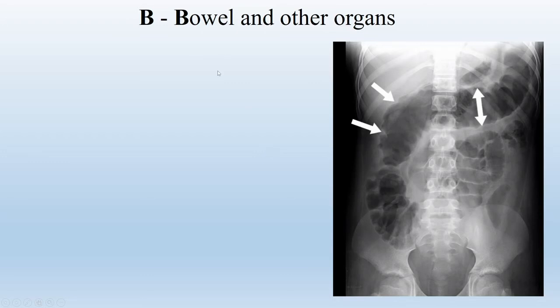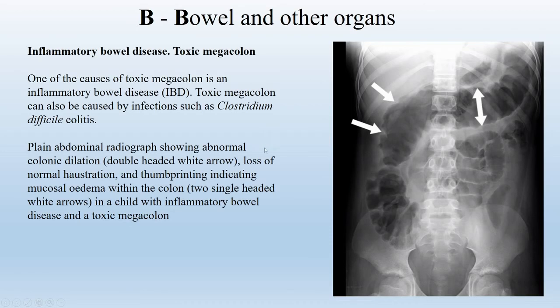So again, starting with everything that we heard about before, and slowly going from A to B, bowel. And we see over here inflammatory bowel disease, and specifically here toxic megacolon.